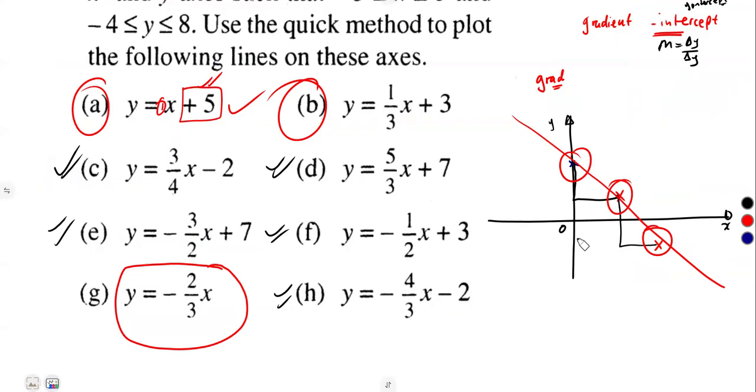At a certain point, it is easier for you to use the gradient-intercept method. At a certain point, it is easier for you to just use your table of values method. And at another point, it is easier for you to use the double intercept method, which is the last method that I'm going to explain in our next class, the double intercept method.